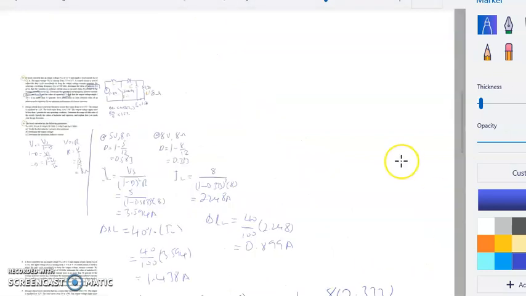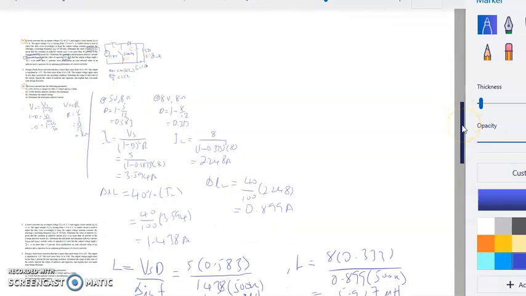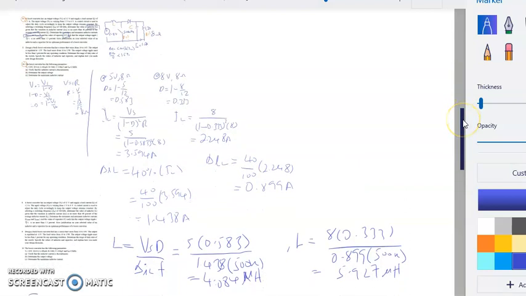Next we need to find out the value of the inductor to maintain the scenario of 40% of this IL average. We cannot use the minimum inductor value, because the requirement is already stated here: delta IL should be at most 40% of IL average.